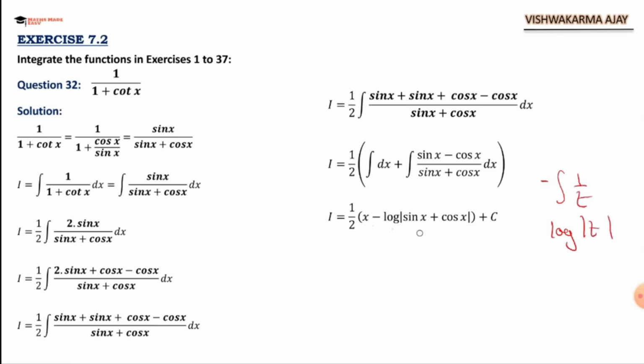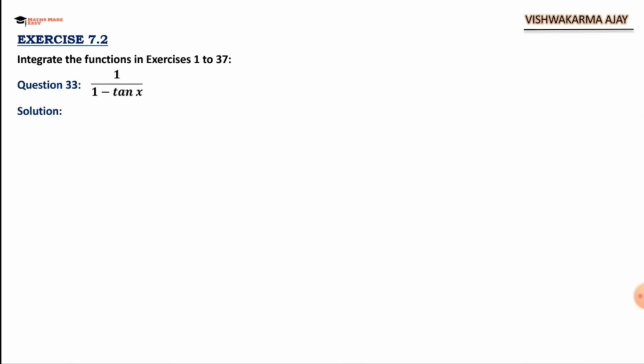So minus log of t, which later we resubstitute, the value of t being sin x plus cos x, plus c. And the integral of 1 is x. Well, I'm going to take this question up to the next question, so from there you can continue.